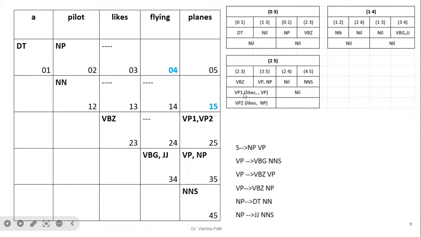VBZ VP produces the verb phrase, and VBZ NP also produces the verb phrase. We can see that VBZ VP and VBZ NP, VBZ VP and VBZ NP. So here, for simplicity, we have given VP1 and VP2, but we can directly write VP also.